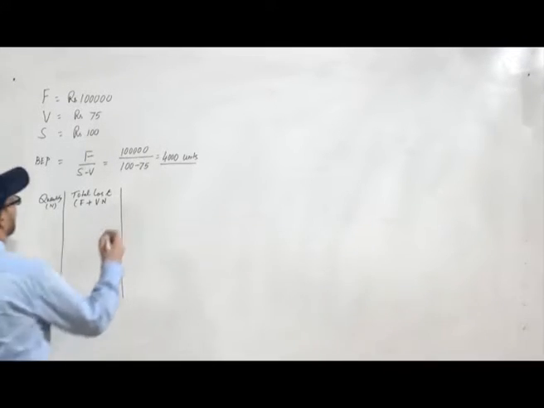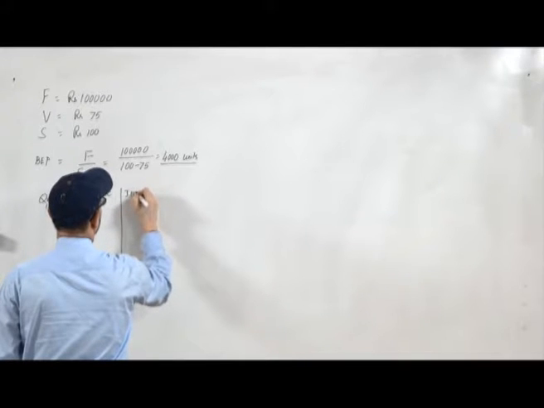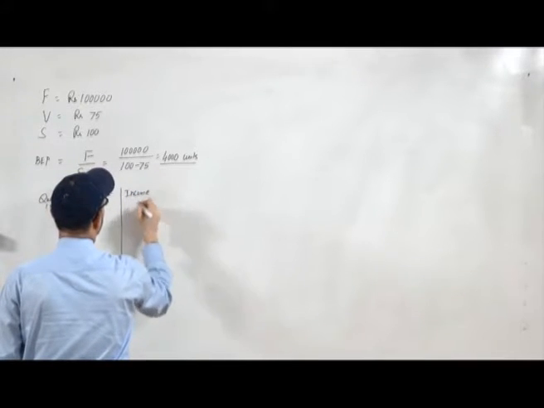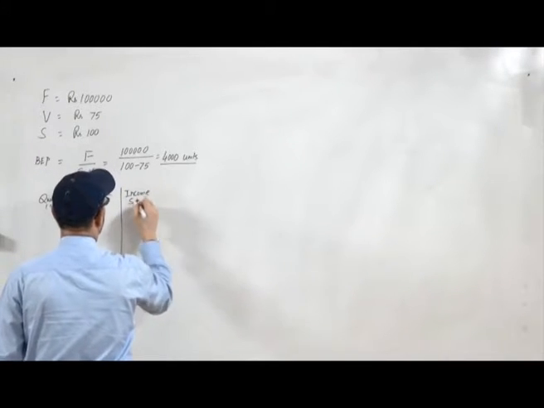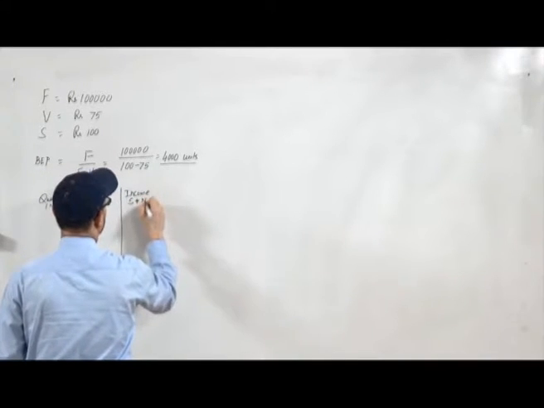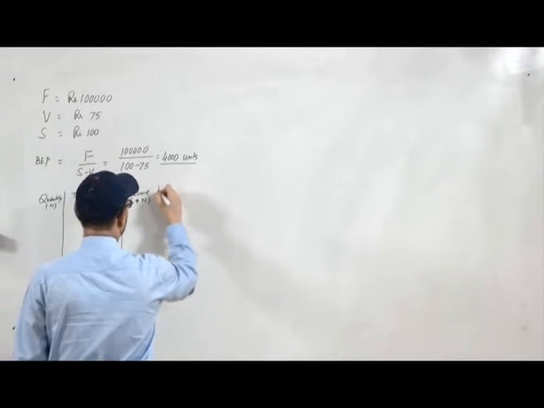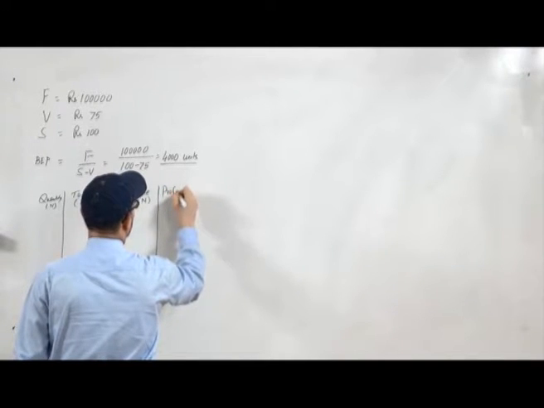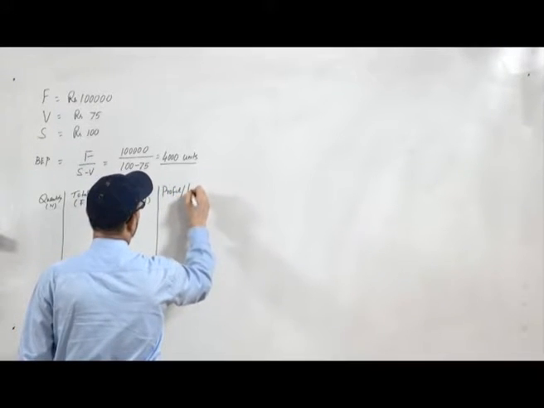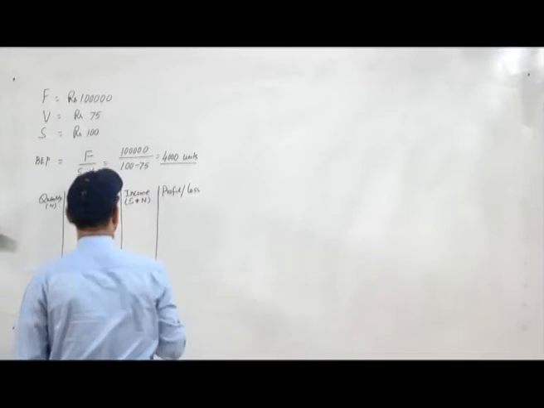Based on that, you will have income. Income will be nothing but selling price per unit multiplied by number of units sold, and then we have the column for profit or loss, that will be income minus total cost.